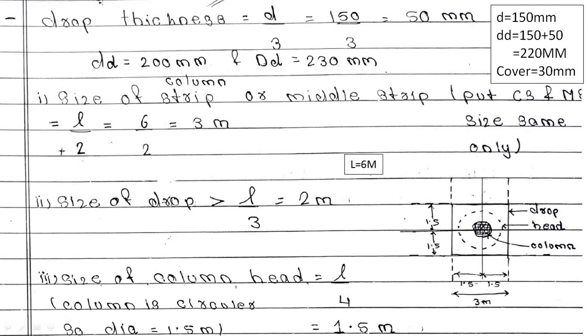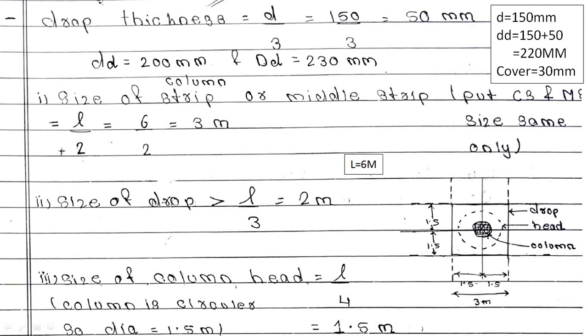Next we will find the size of column strip and middle strip. The formula is L by 2. The length is 6 meters, so 6 meters by 2, which means 3 meters.